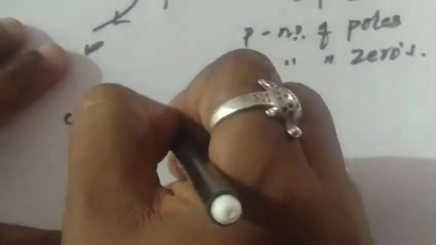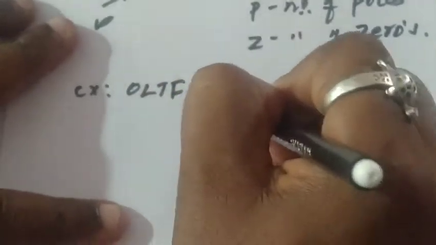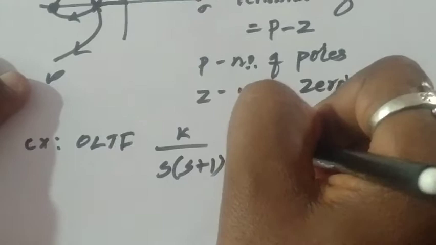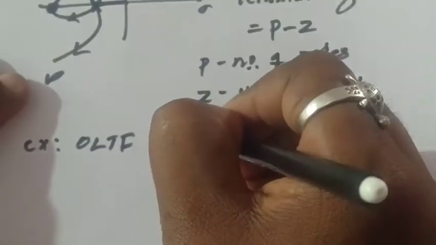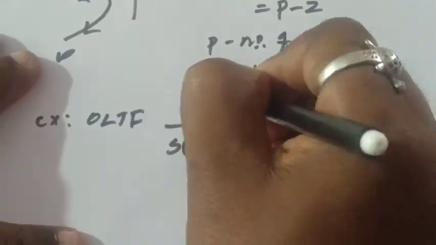Okay, so for example, you are having the open loop transfer function k divided by s into s plus 1. Here, what is the number of zeros? Zeros means numerator. Here there are no s terms, so therefore no zeros.